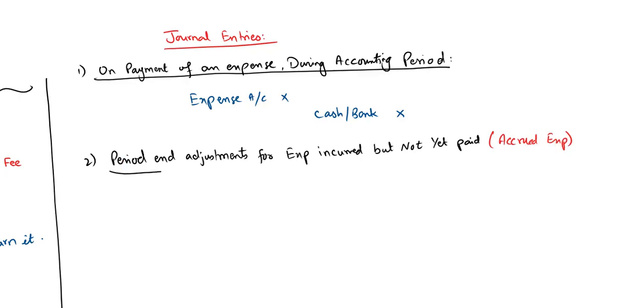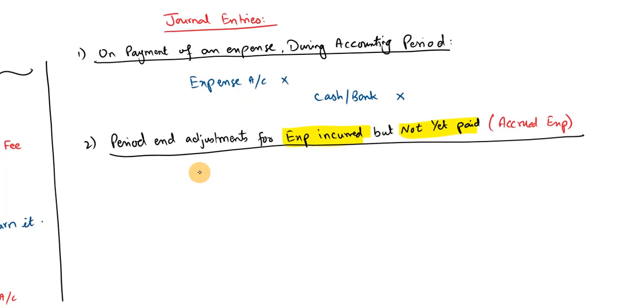What entry will we pass in this case? If the expense is incurred but we didn't pay any amount, then due to incurrence of an expense, the expense account will be debit.